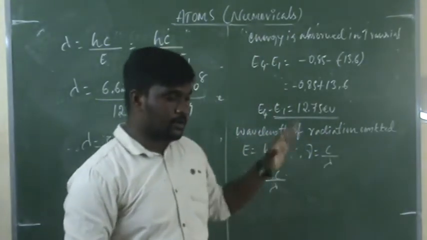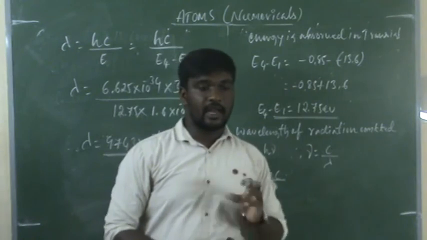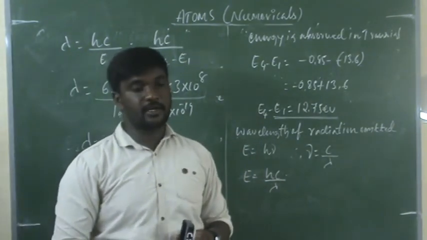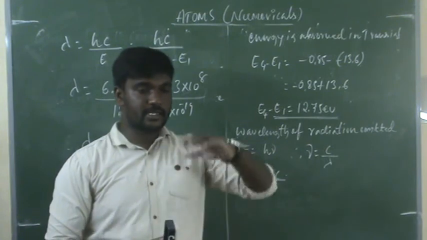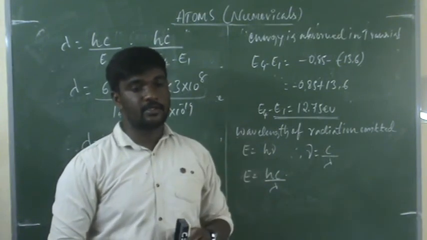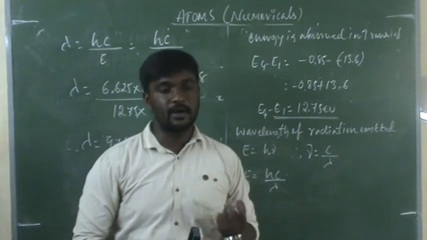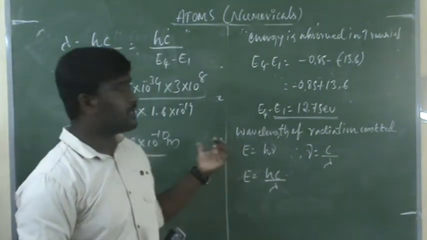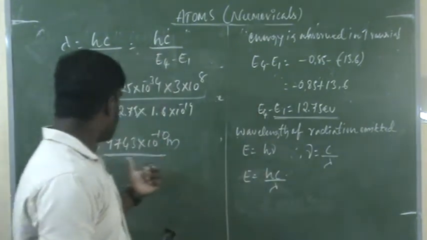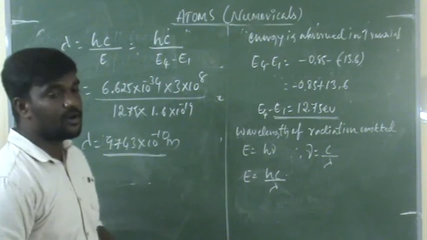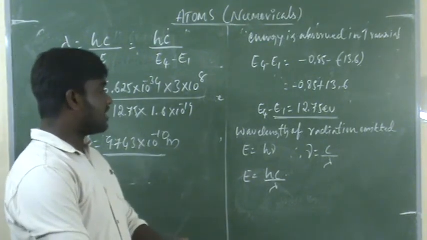So what we calculated: the electron in a hydrogen atom in the ground state is excited to the fourth level. We calculated how much energy is absorbed, and the wavelength is 9743 into 10 to the power of minus 10 meter.